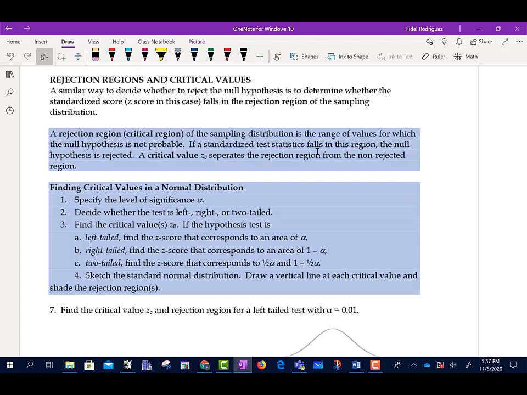If it's right-tailed, we're going to find the Z-score that corresponds to an area of 1 minus alpha. And if it's two-tailed, we're going to find a Z-score that corresponds to half of alpha and 1 minus half of alpha. Then we're going to sketch the normal distribution. We're going to draw a vertical line at each of the critical values and shade the rejection regions.